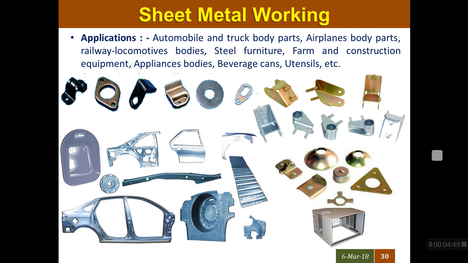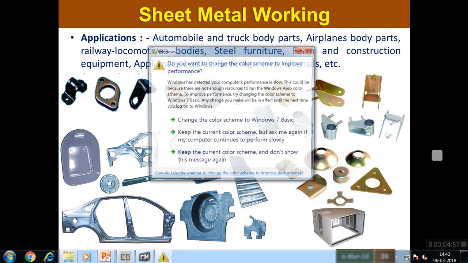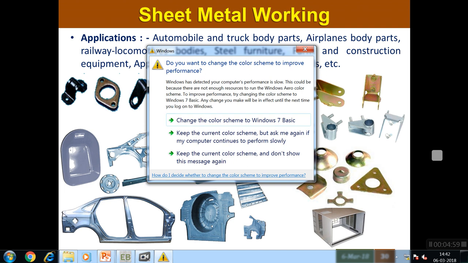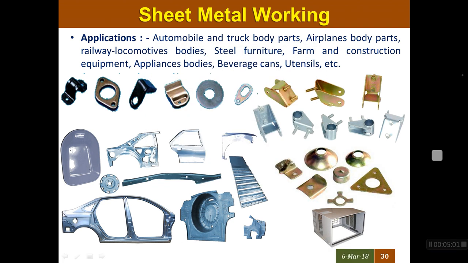All body parts of an automobile, and these small automobile equipments, are also made under sheet metal operations because the thickness is very small. So automobile and truck body parts, aeroplane parts, construction and farm equipment are where we use this. That is a sheet metal working application.